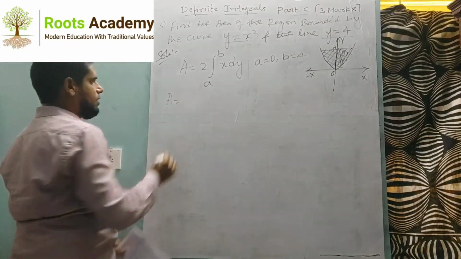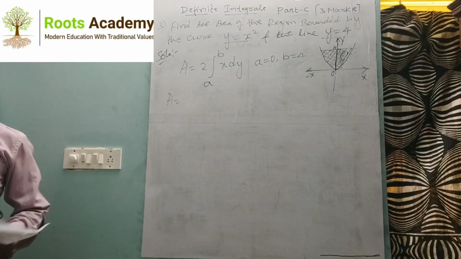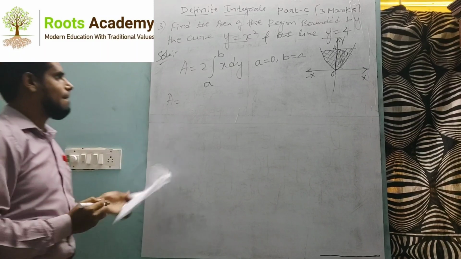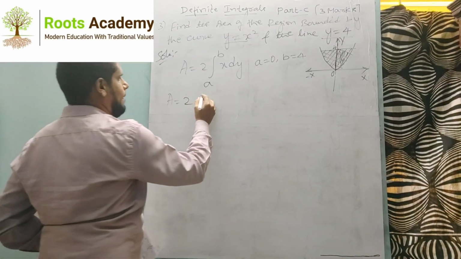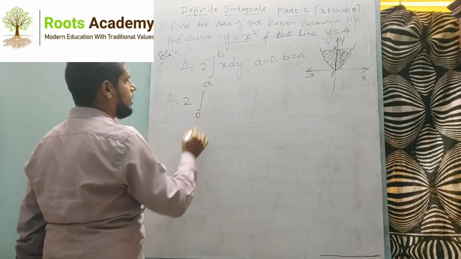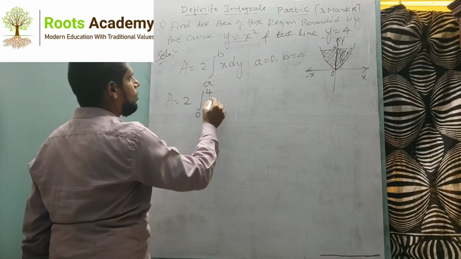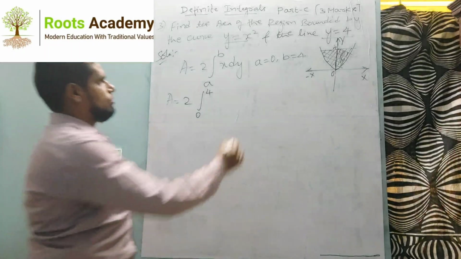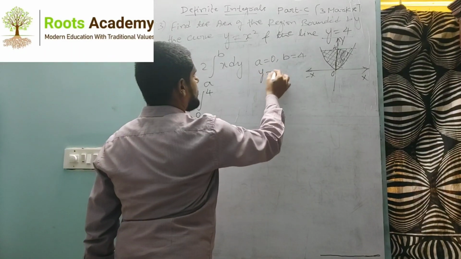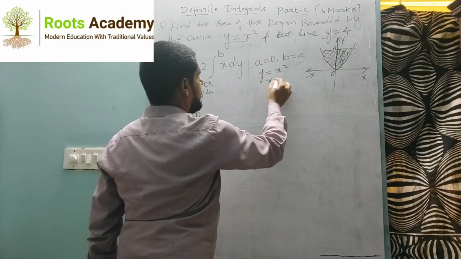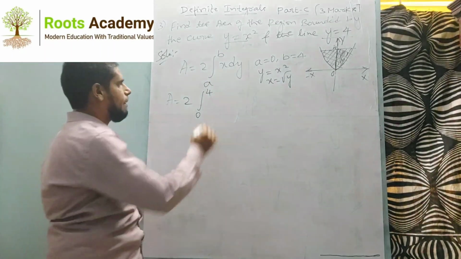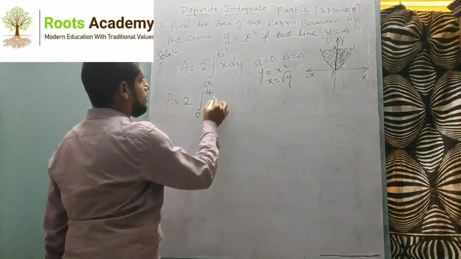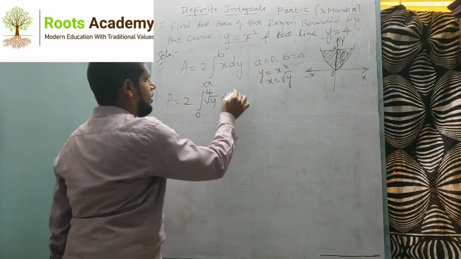Therefore, area is equal to 2 times integral, lower limit is 0, upper limit is 4. First, y is equal to x square, then x is equal to root y. So x is root y, dy.